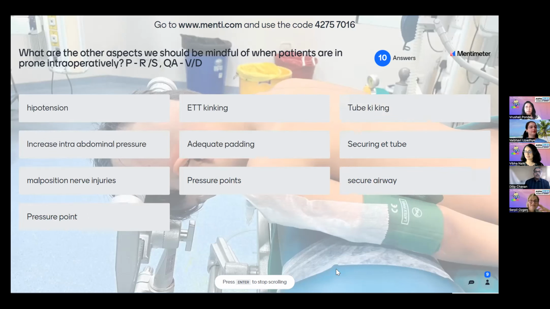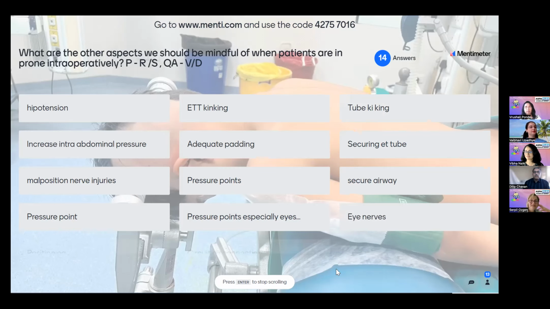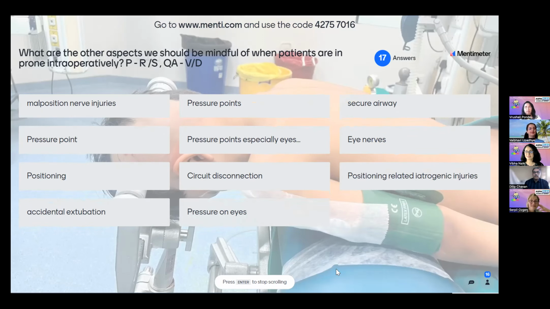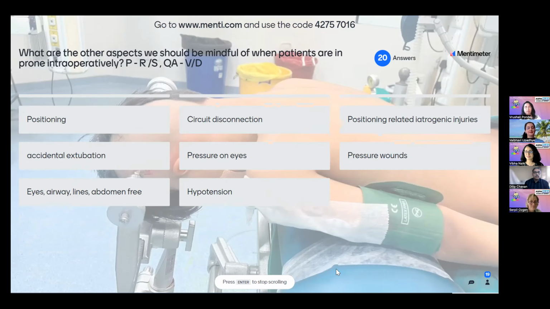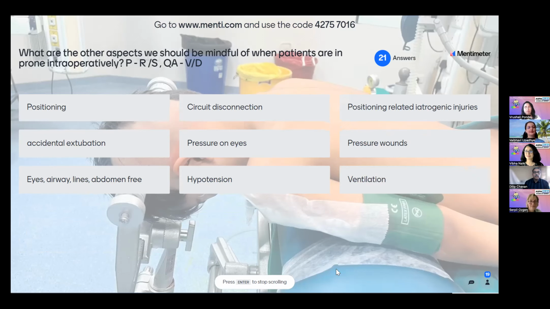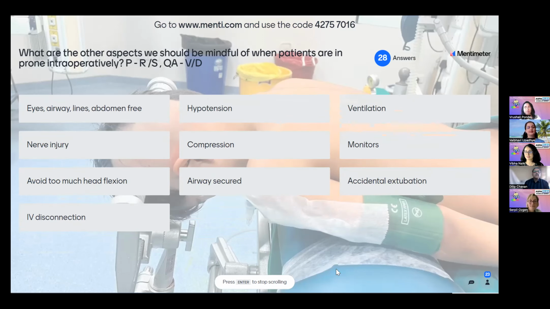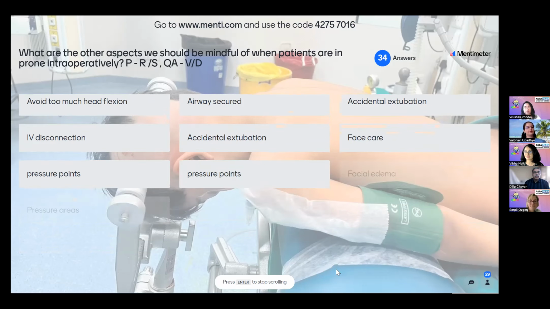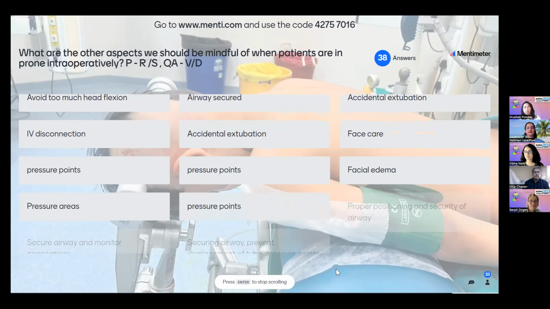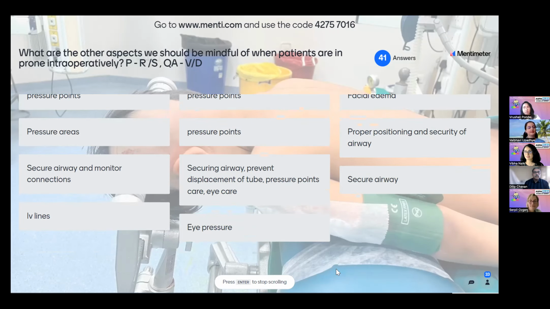Wow, our participants are very, very bright, they have already listed quite a comprehensive list of items that we have to pay attention to. So I think maybe we start with a head to toe approach, and I will talk about the head side first.